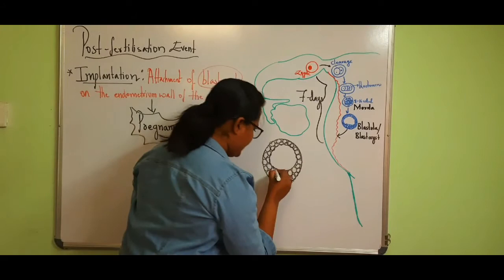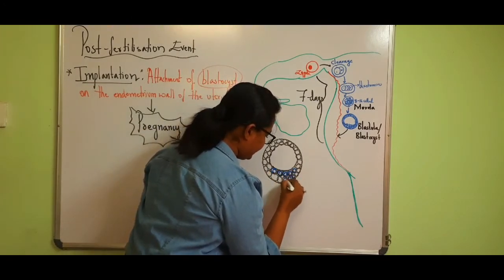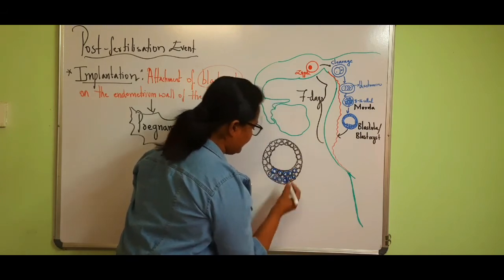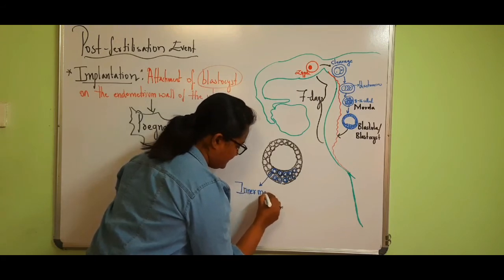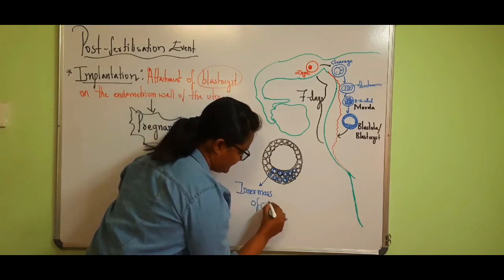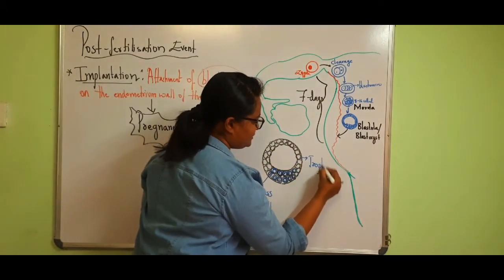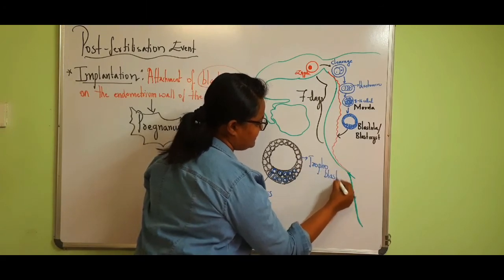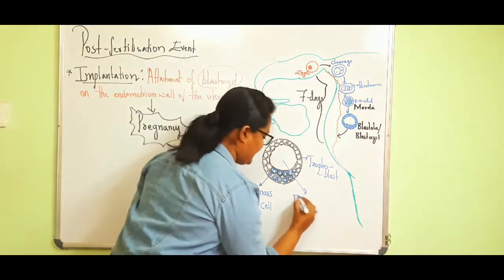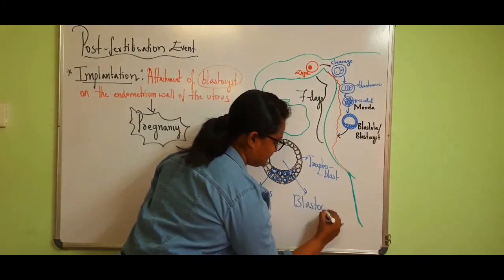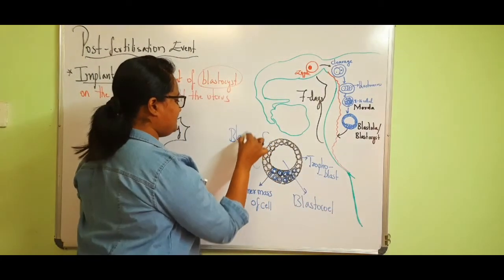The cells which are very important for the embryonic development, we call the inner cell mass, and the outer wall we call trophoblast, and the central cavity is called blastocoel, and this structure is called blastula.